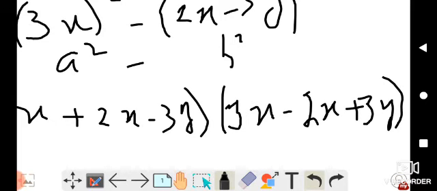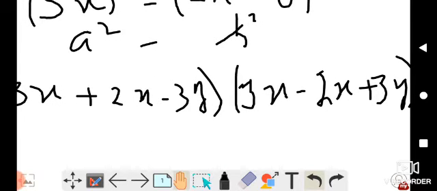Bracket over. Okay, see now, 3x plus 2x minus 3y, one bracket is this, and the other bracket is 3x minus 2x plus 3y. This is the minus bracket, this is the plus bracket.